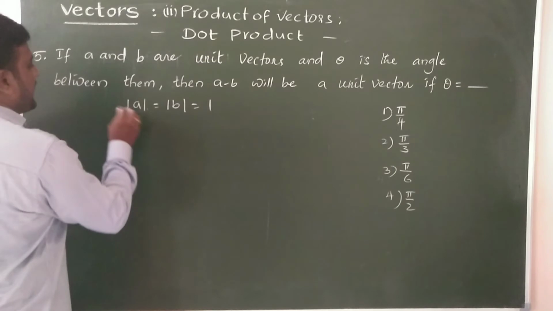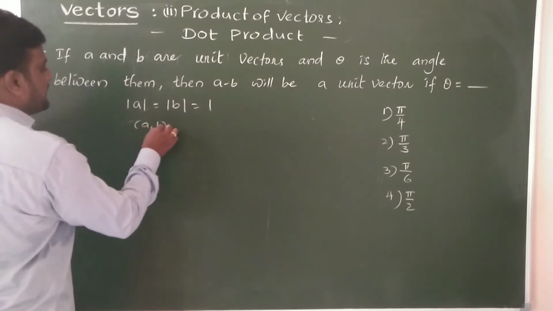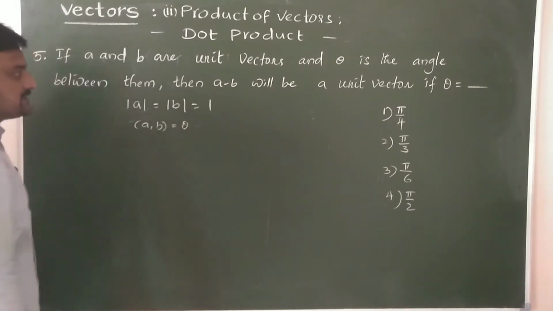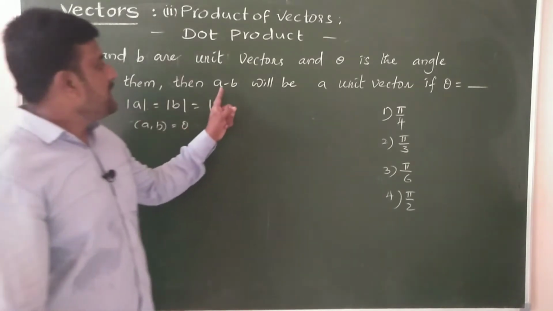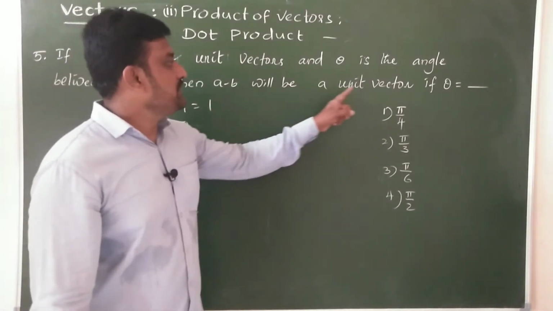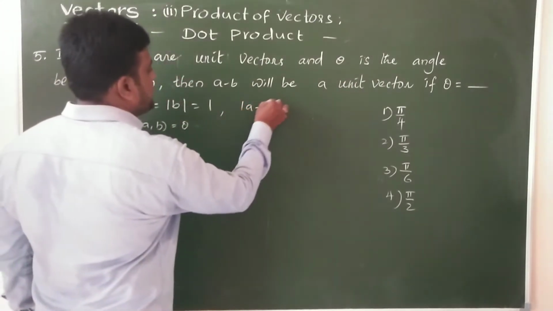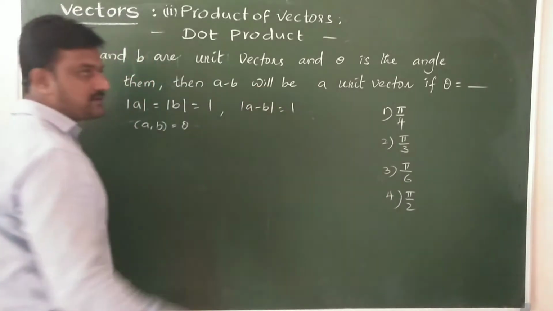And also the angle between A and B is theta. Let's say that is theta. A minus B will be a unit vector, and also given A minus B is the unit vector.